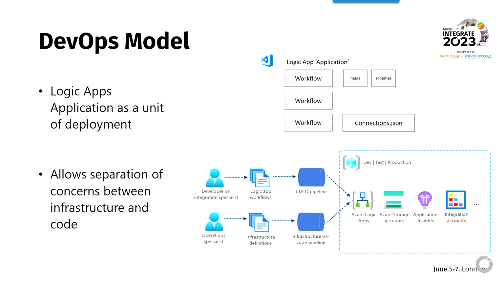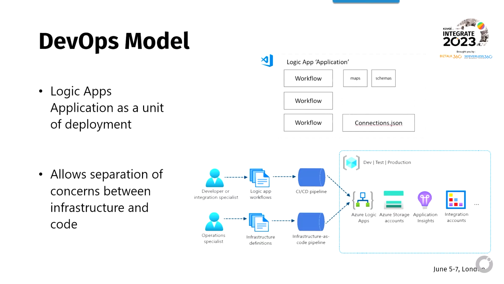Talking about friends don't let friends right-click deploy, the DevOps model for Logic Apps Standard is a bit better than it was in Consumption. The first thing is that we're now deploying the Logic Apps application as a unit of deployment. The other thing is that you have your code and your infrastructure separated, to a point.